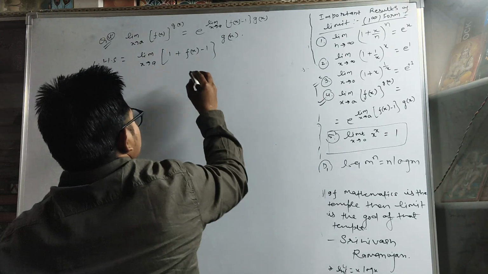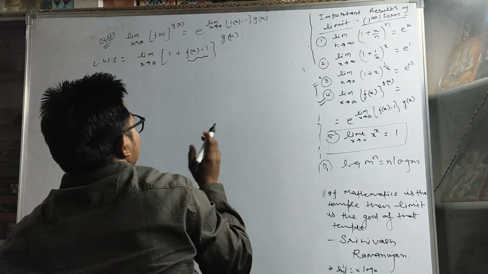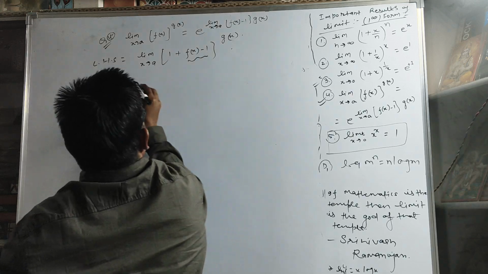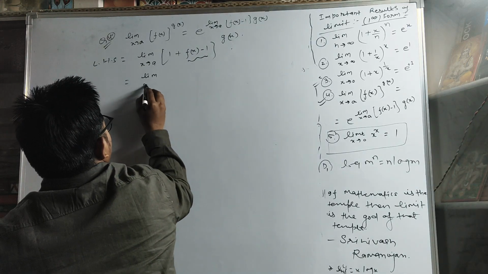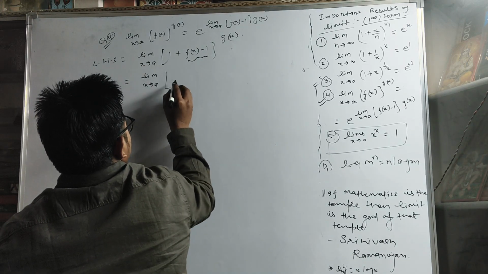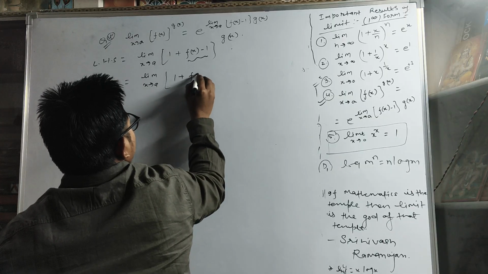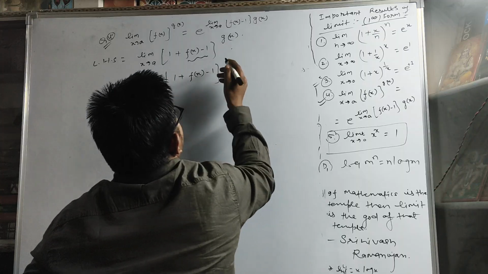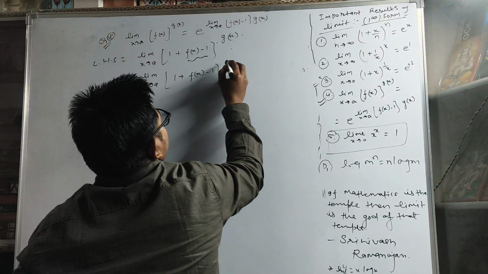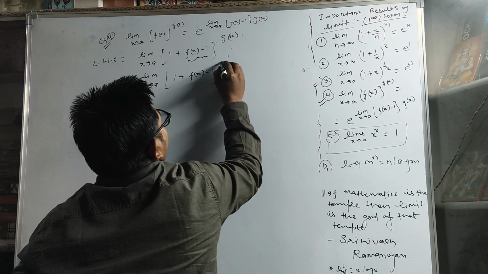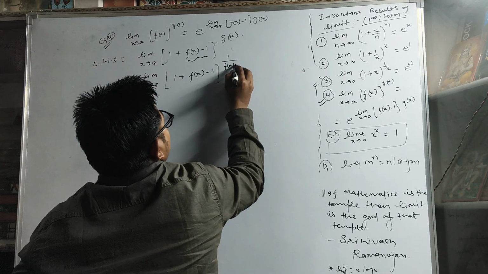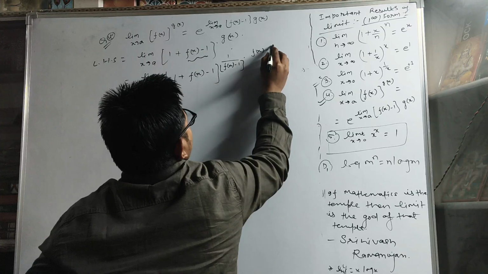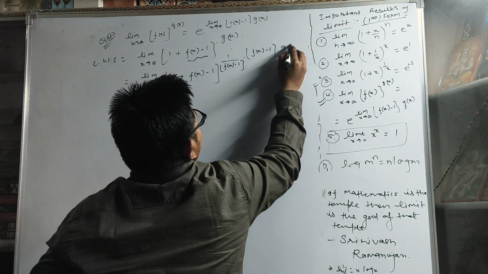Now we can multiply and divide this term in the power. If you write it, limit x tending to a of (1 plus f(x) minus 1), and in power we write 1 upon f(x) minus 1, into f(x) minus 1, into g(x).